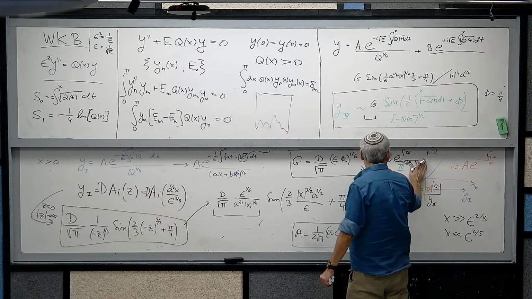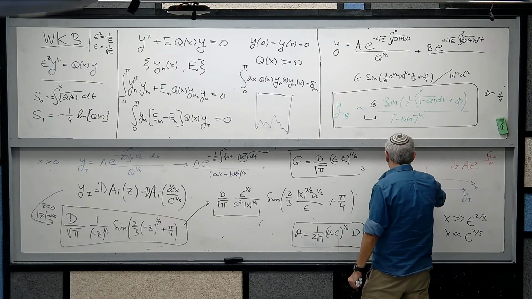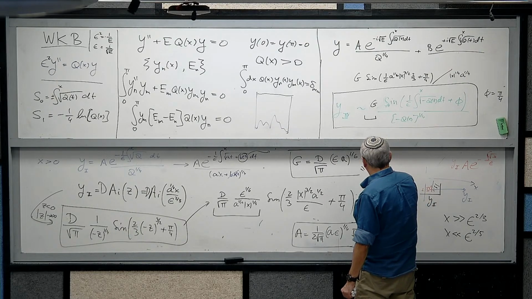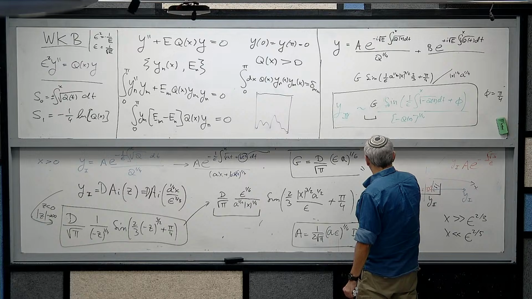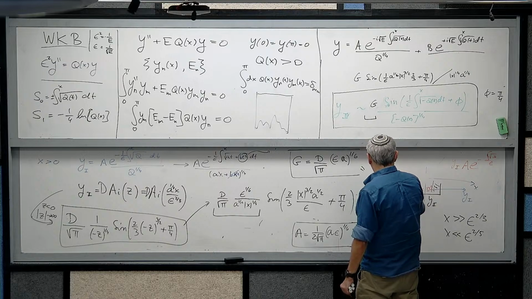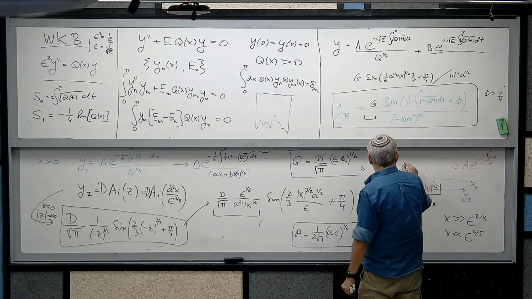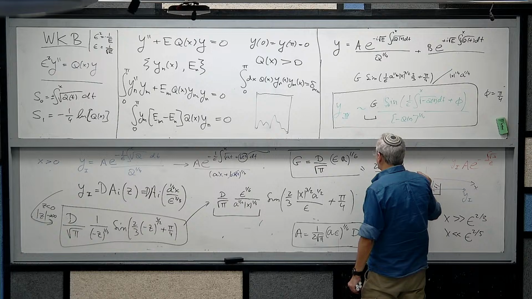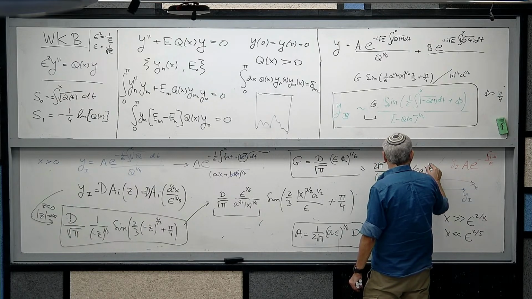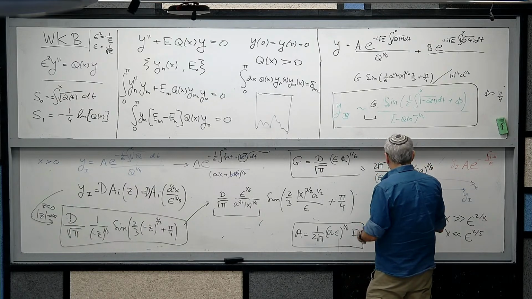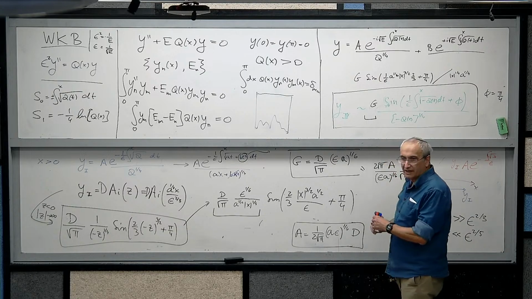So this is equal to, you get that A is G over 2, 2 square root of pi A divided by epsilon A to the power of 1/6. This is D. And now I should divide it by square root of pi and multiply by epsilon A to the 1/6. So the epsilon goes away.